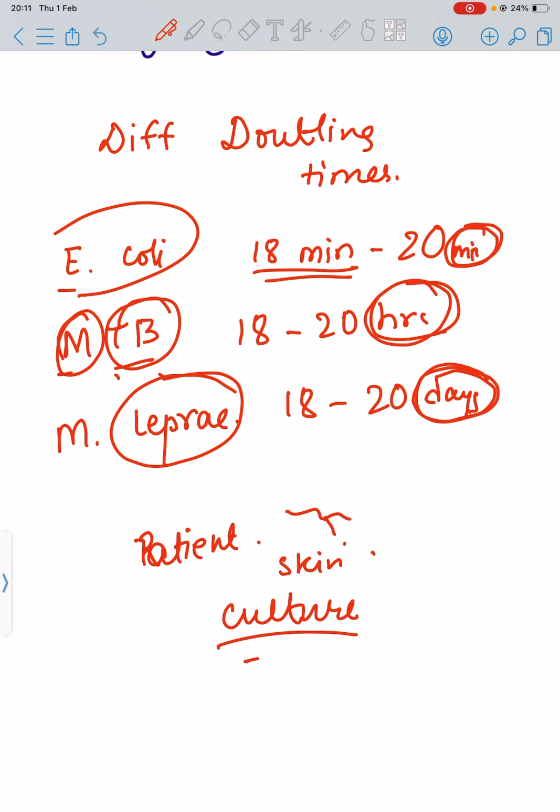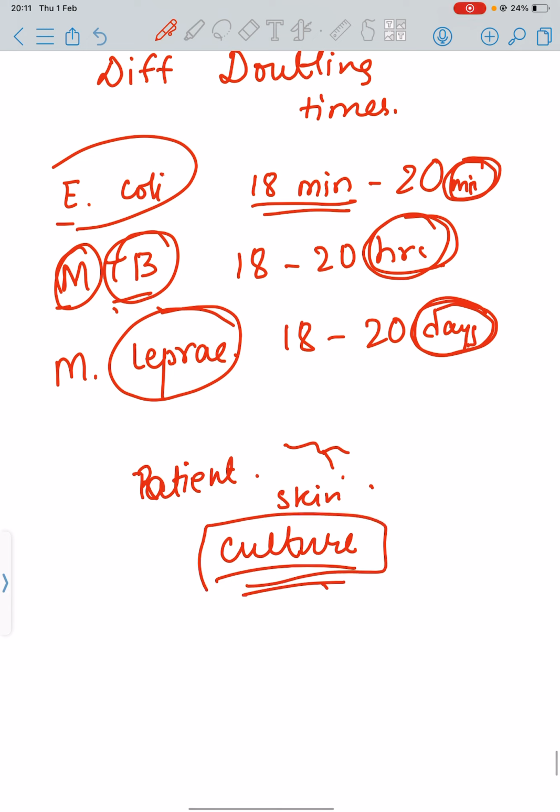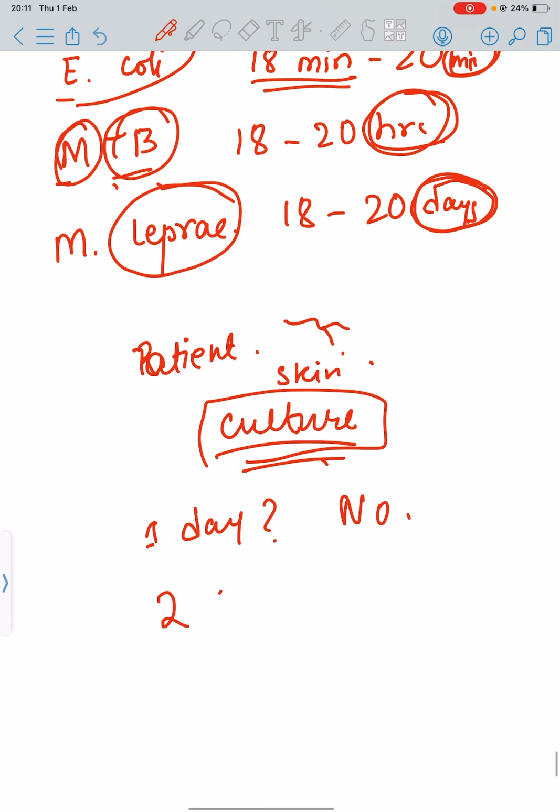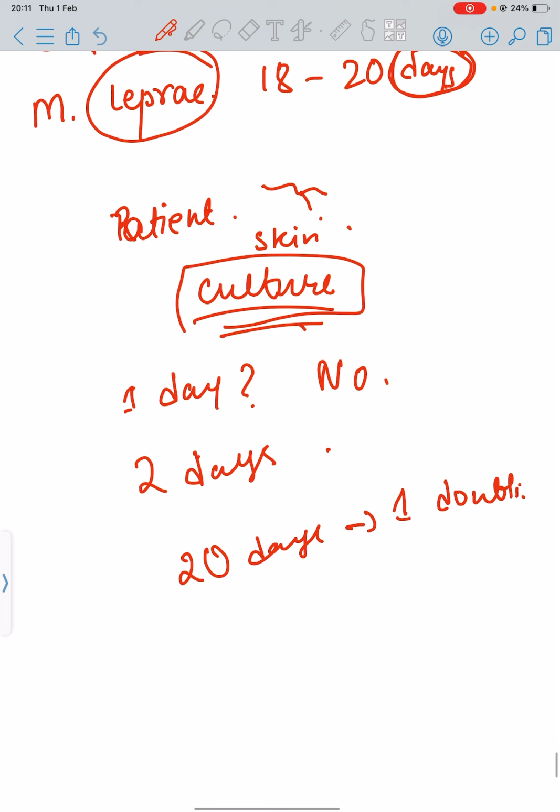Do you think you'll get a result in one day for Mycobacterium leprae? No. Will you get culture in 2 days? No. So bare minimum, there is 20 days for one doubling. Okay, that means for one bacteria to become 2, minimum 20 days is required.